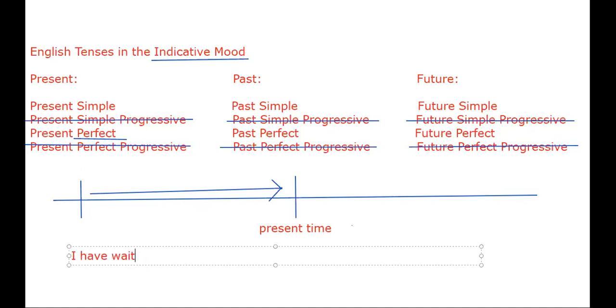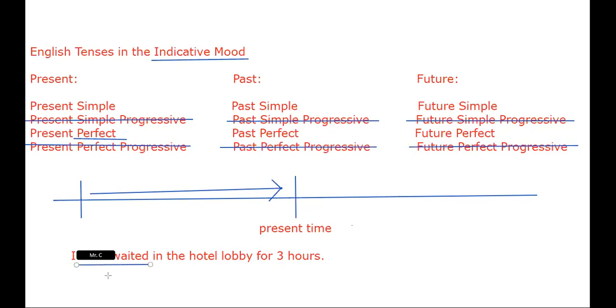I have waited. Yeah, let's say this. I have waited in the hotel lobby for 3 hours. Okay, so here we have I have waited. I have waited. So again, this is present perfect.